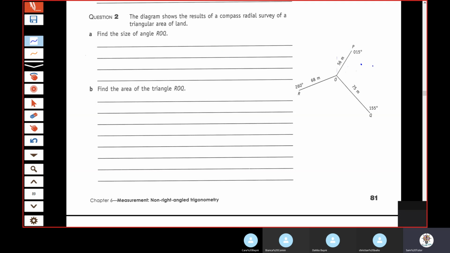Find ROQ. ROQ would be 260 minus 155. If I draw it all the way to here and subtract all of this, you're left with this bit here.